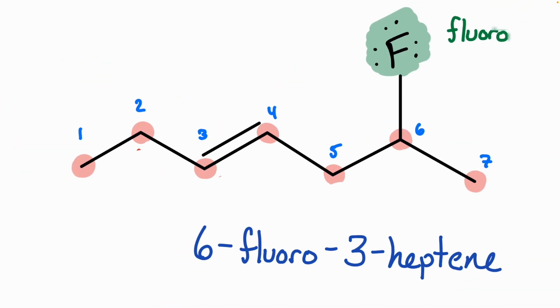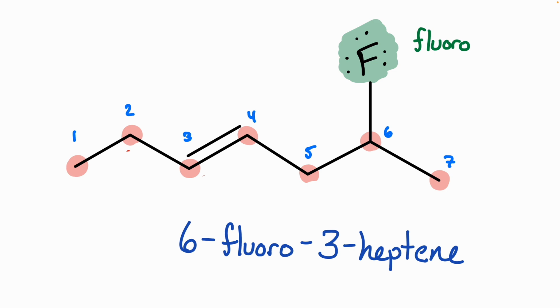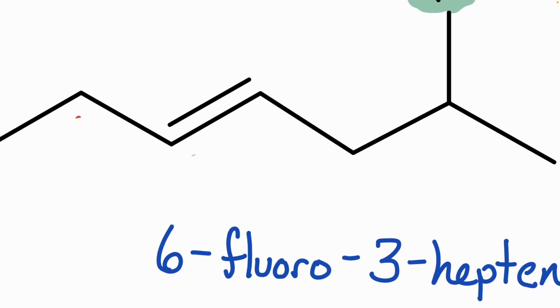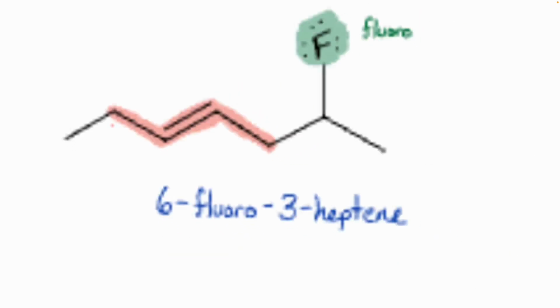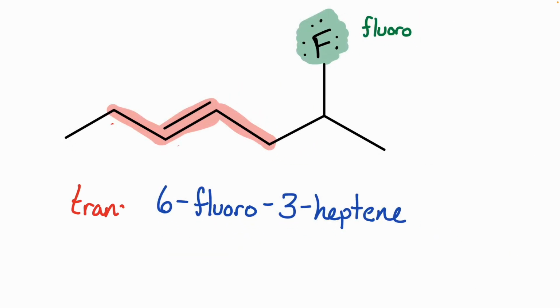Let me get rid of all of these little markings so we're not too confused. Now I'm specifically looking at my double bond and the two groups attached to it. Are they pointed on the same side of that double bond or opposite sides? They are on opposite sides. So this is the trans isomer of that 6-fluoro-3-heptene.